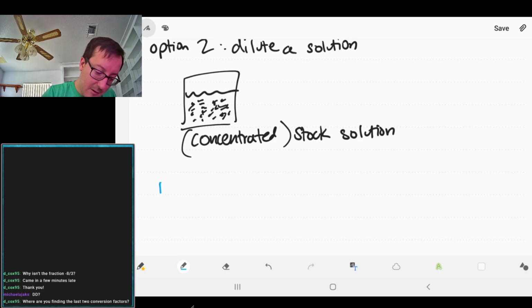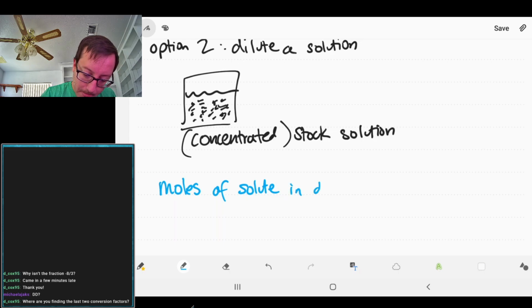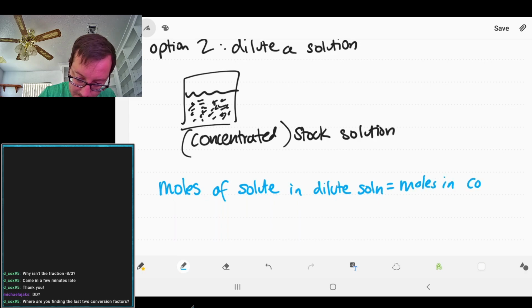So we're going to see that your moles of solute is still the same. And so it's very often easier, especially if something only comes as a liquid, to just do it volumetrically.